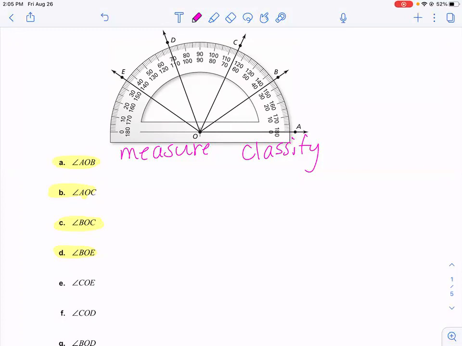That's 110, yeah, 100 because I counted. We just do the first one. Did we get it right? Acute.